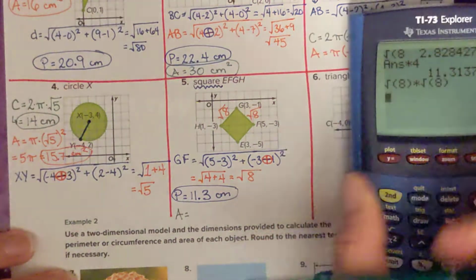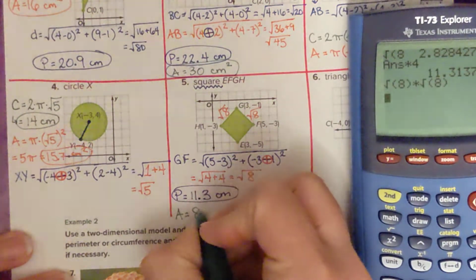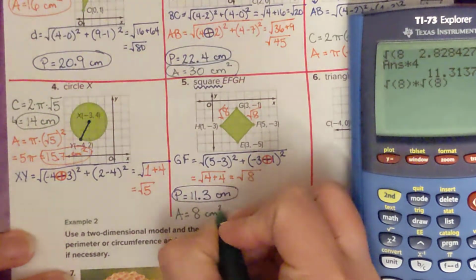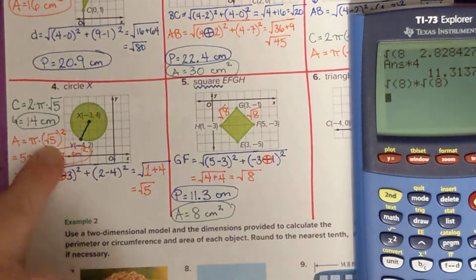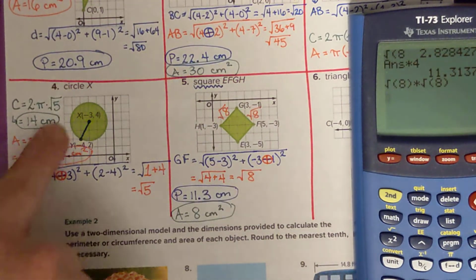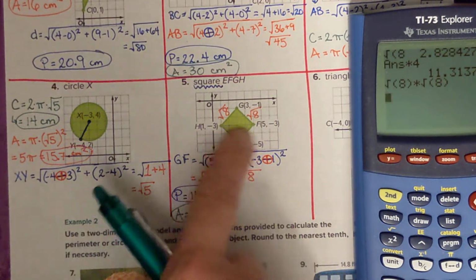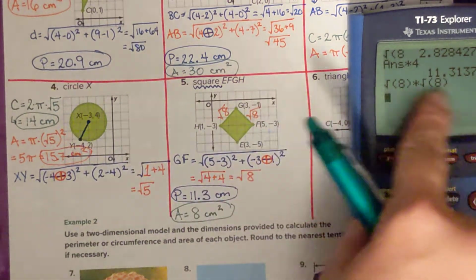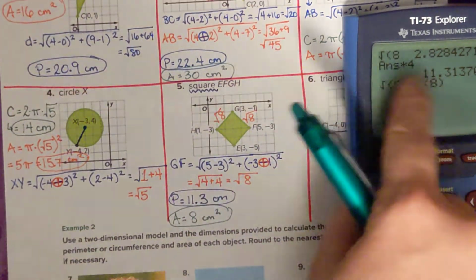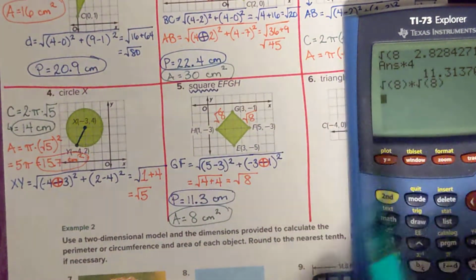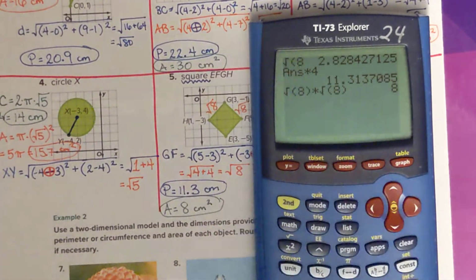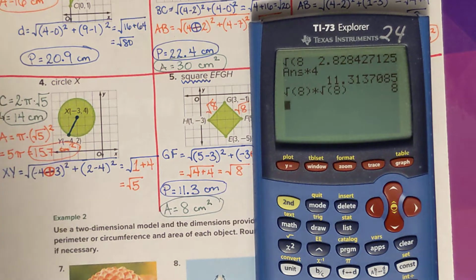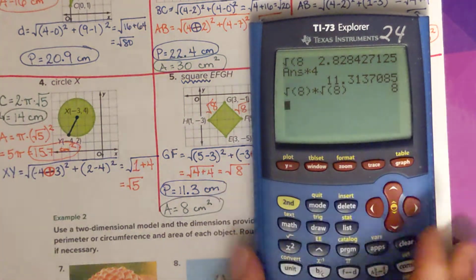Okay, so your area is 8 centimeters squared. Remember how we talked about over here, whenever we square or square root, they cancel? We just did the exact same thing. We squared a square root because we had 2 square root of 8s. Okay, that's why the answer is just 8, in case you didn't catch that. Okay, all right. So let's keep going.